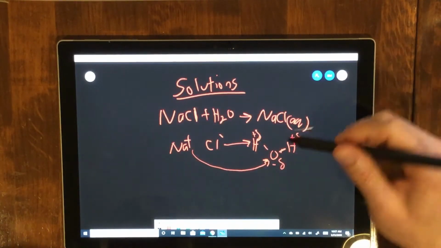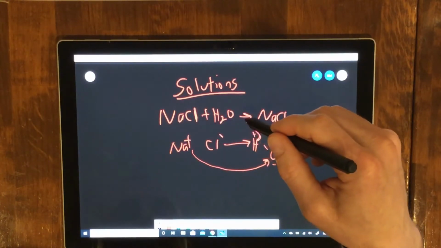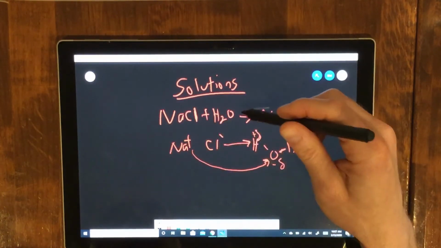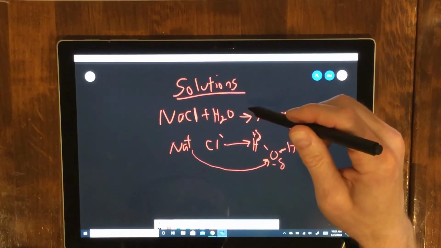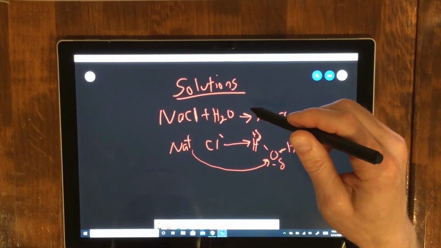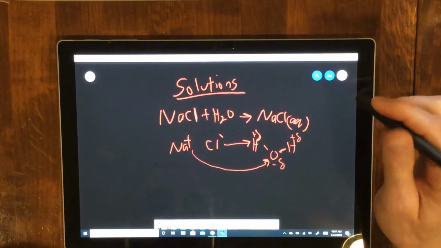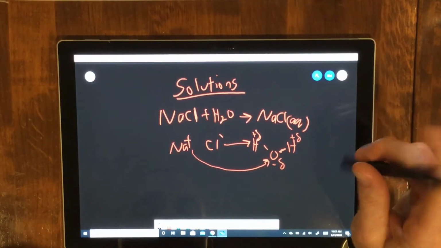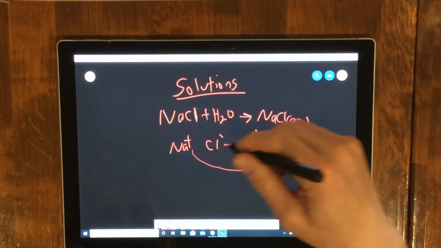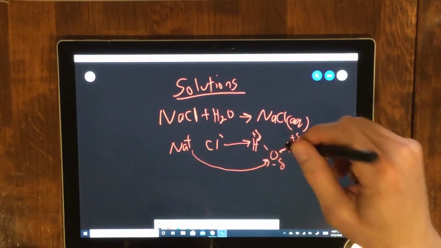And that was something from forces of attraction that I am going to go over, that homework, later or tomorrow or something like that. So this is just kind of review of the ion dipole interaction.